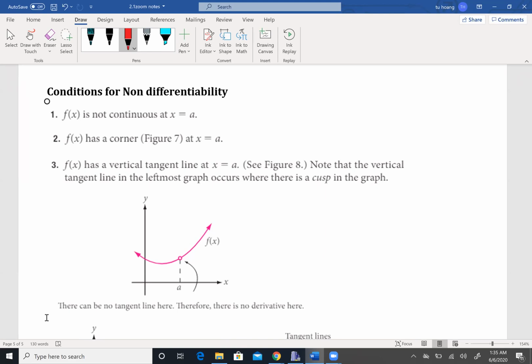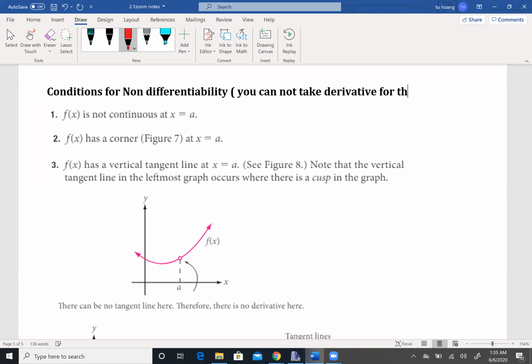Okay, the first case is if you see that f(x) is not continuous at x equal to a, then you cannot take the derivative of f(x) at x equal to a.